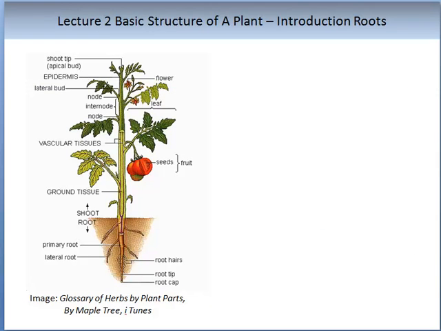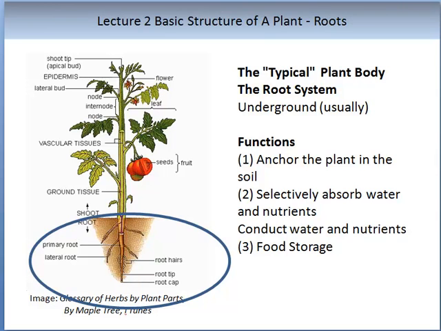The following image of the basic structure of a plant was introduced in Lecture 1, and it identifies many of the principal anatomical parts of a plant. In this lecture we are going to learn about the root structure. So let us start with the basics. Roots are usually located underground, although there are some species that are an exception to this, such as the orchid family.